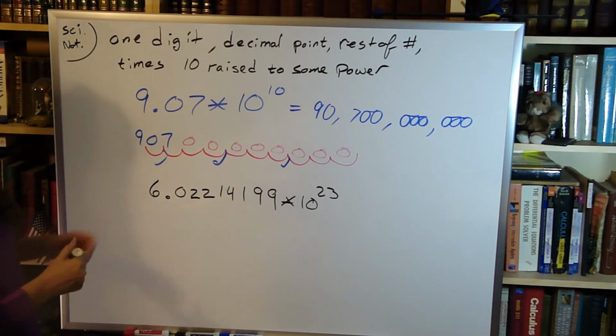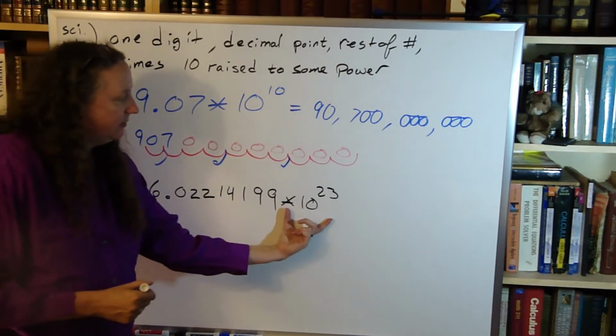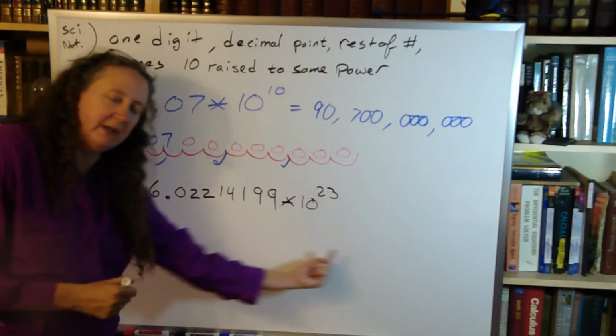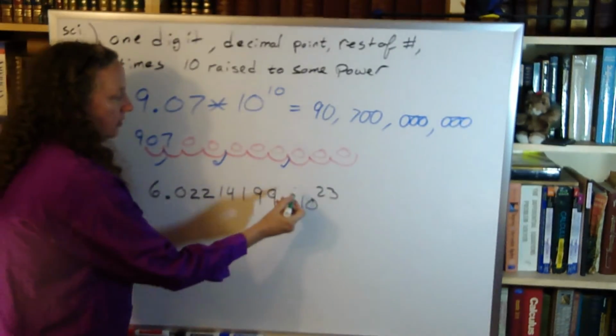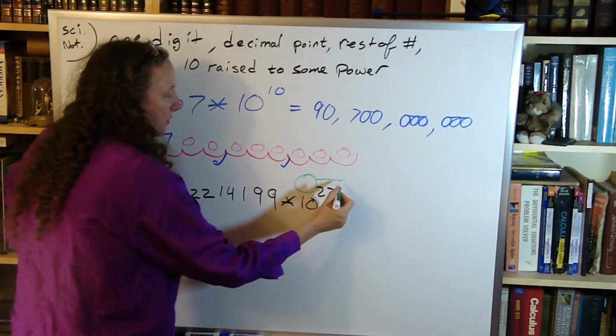Turning this into standard, I want to get rid of my times 10 to a power, which means I have to move my decimal point. Notice here, no negative sign.